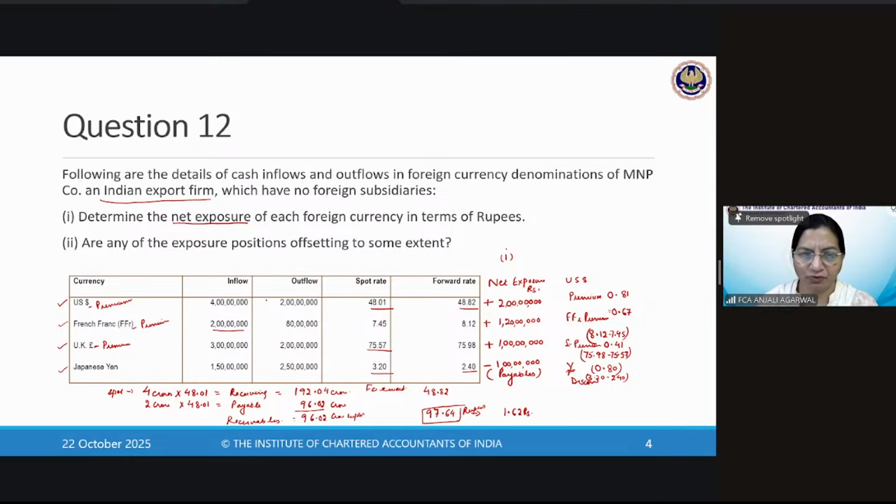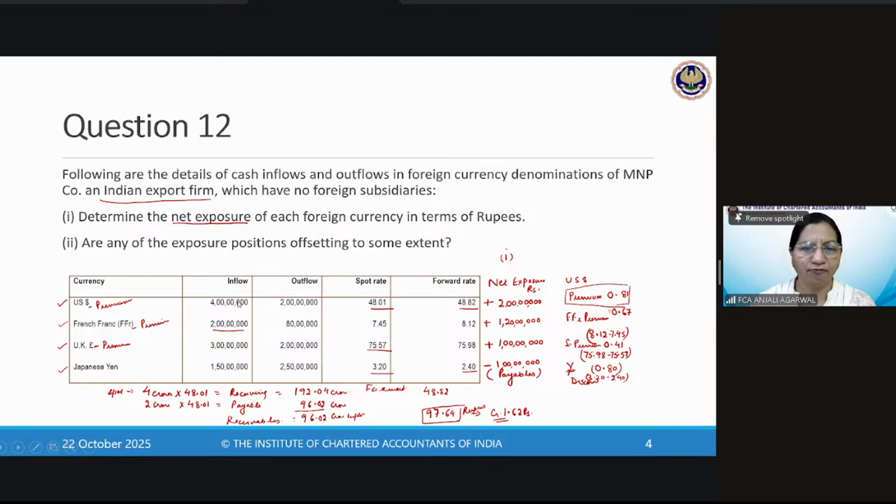So though you had an exposure, this exposure was offset to some extent because the currency in which you had a receivable was at a premium, 0.81. If you directly also multiply 2 crores with 0.81, you will end up getting 1.62 crore rupees, right? So this is your gain. So luckily for this Indian exporter here, the three currencies in which inflow is more than outflow: 4 is greater than 2 crores, 2 crores is greater than 80 lakhs, 3 crore is greater than 2 crores.